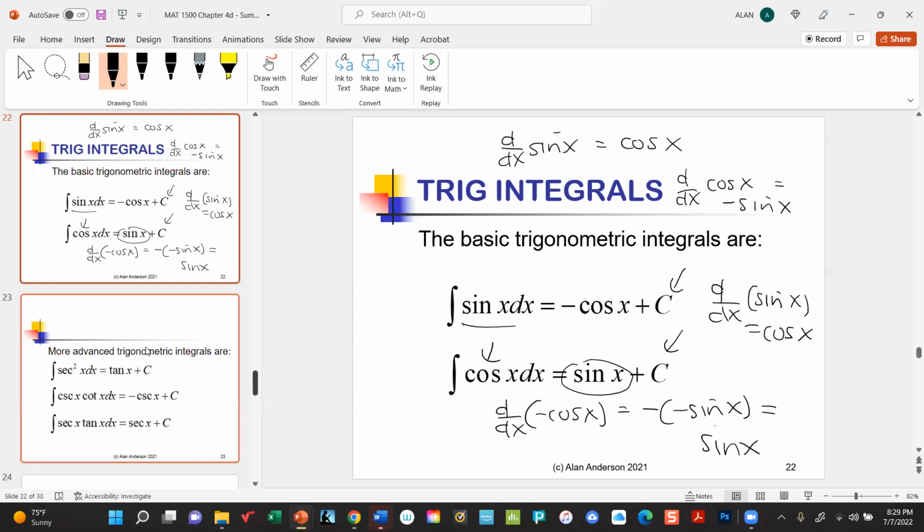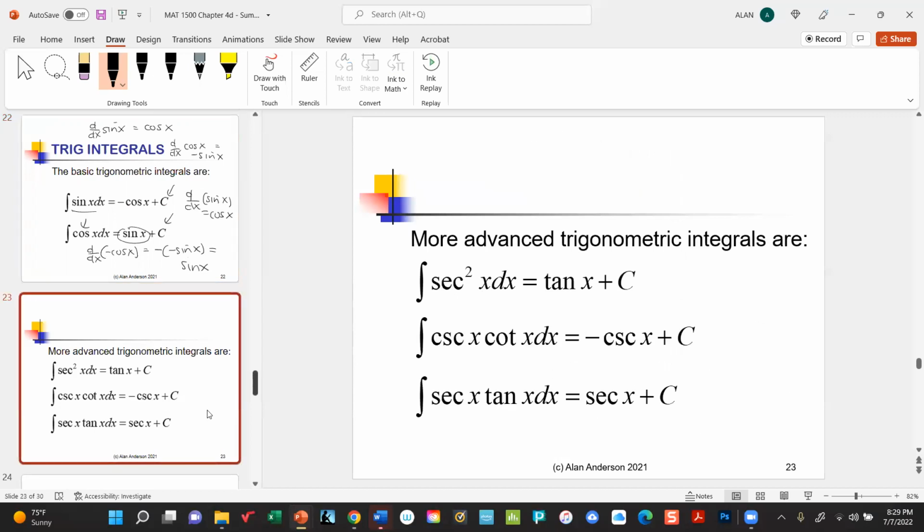Okay. Now, these next ones, we're not going to use them right now, but just for completeness' sake, I've listed them here. And again, this is not all of them. This is just a handful of ones that you might encounter. But by the way, the book has an enormous list of just about every integral rule that you could possibly imagine.